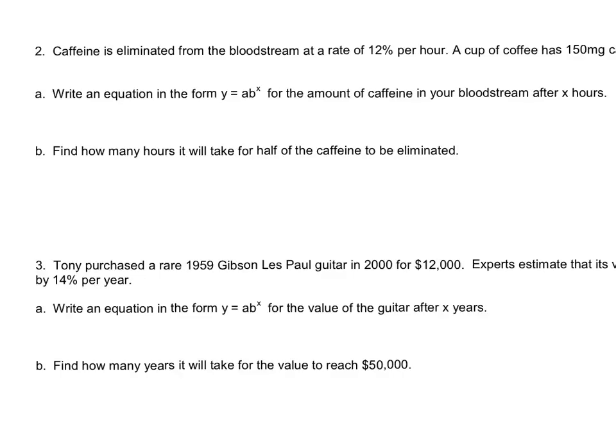So is this a growth or a decay problem? Well, from the words caffeine is eliminated, that means that it is leaving the body, so that means that it's going to be a decay. Okay, so first off, this is a decay problem.